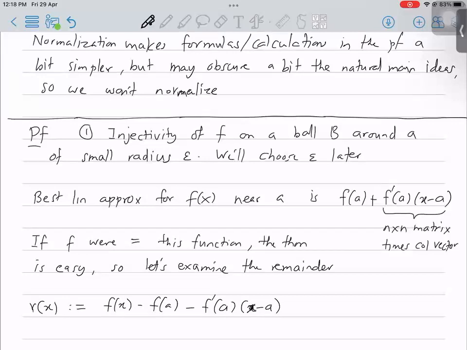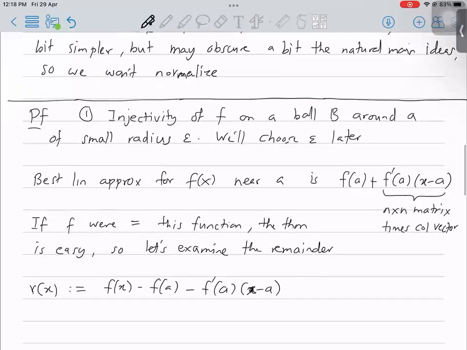So how rapidly is this function changing? Let us see. What is r prime of x? It is f prime of x minus f prime of a.